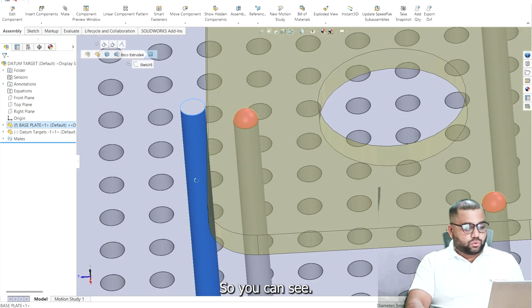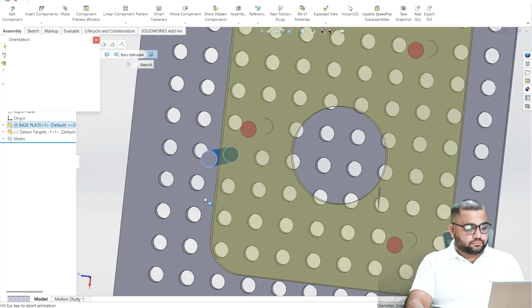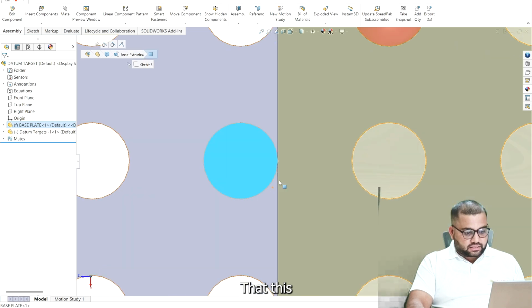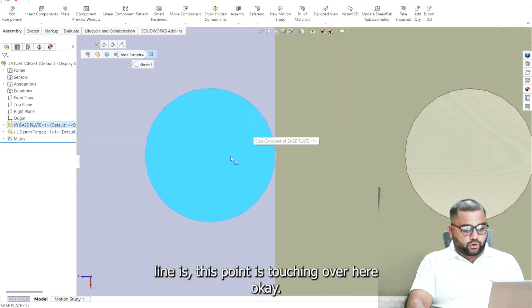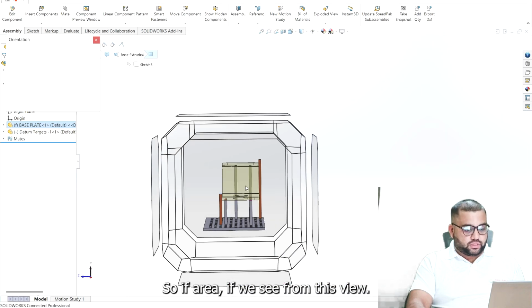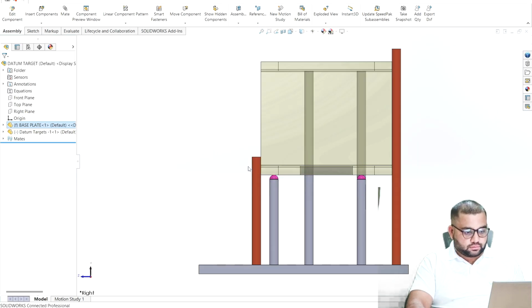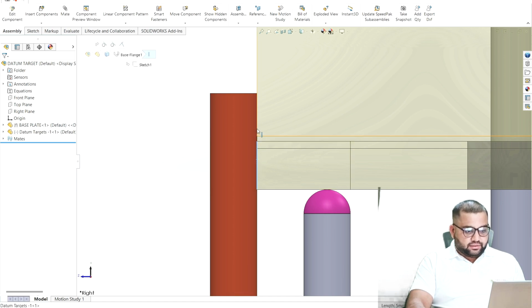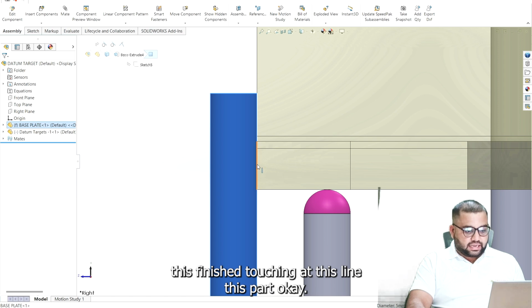So you can see that this pin is touching over here. If we see from this view, you can see that this pin is touching the part along this line.